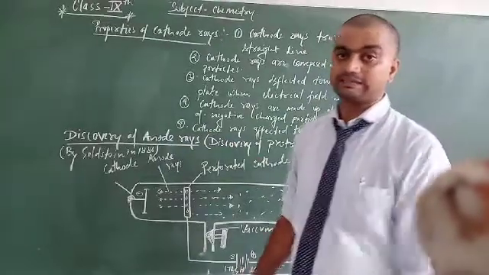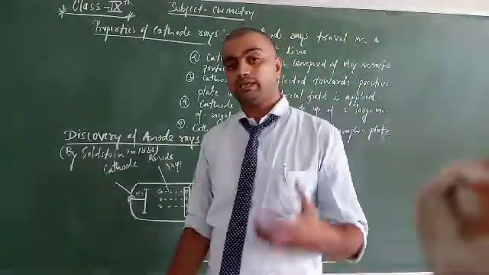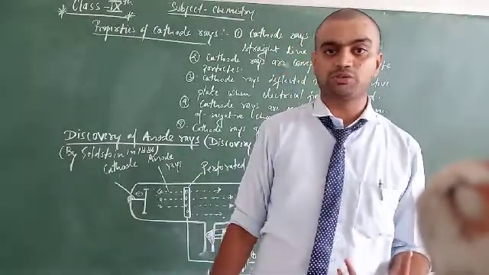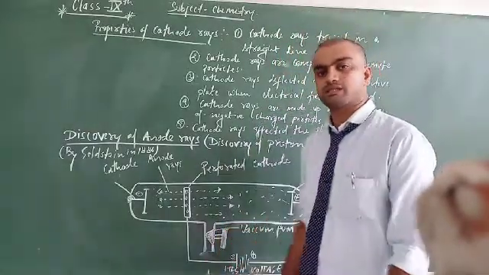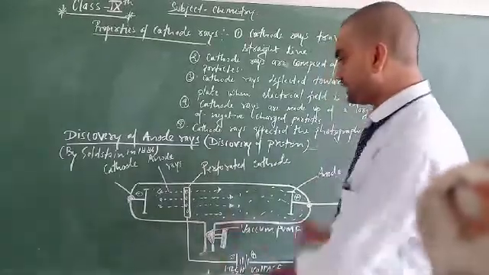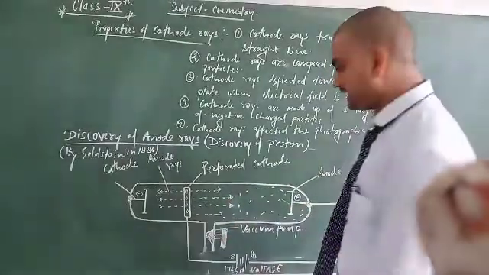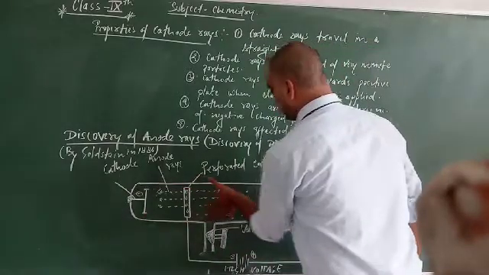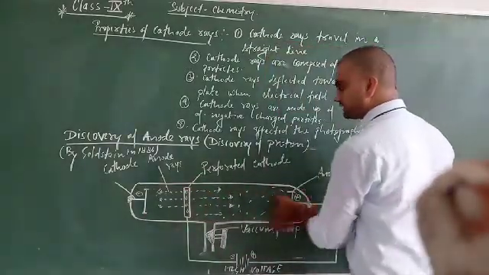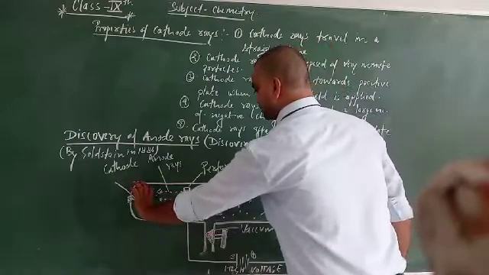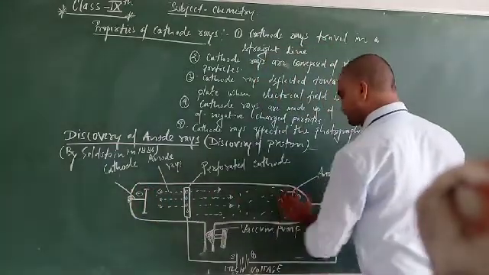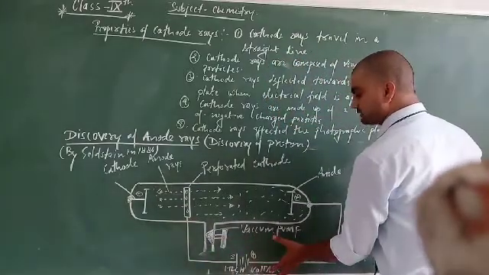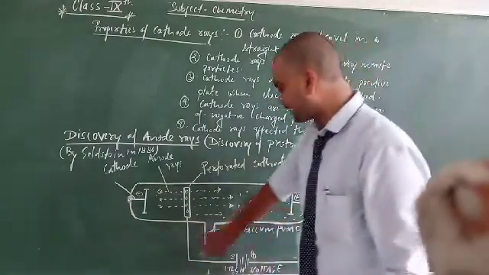But the question arises here: how do you say that anode rays are also produced inside the discharge tube? For this, Goldstein suggested a point, which is given here. Clear? You know that in the cathode rays discovery, we took the glass tube known as the discharge tube, and the two electrodes, cathode as well as anode, and we connected the cathode and anode with a high voltage source, and then this is the vacuum pump, and so on.